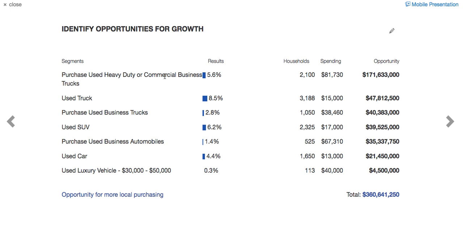In this example here, there's over 2,000 opportunities for used heavy-duty or commercial business trucks. And right down below that, look at that, over 500 opportunities for used business automobiles. And for used trucks, over 3,100. And so ask them, challenge them, where can you get more?